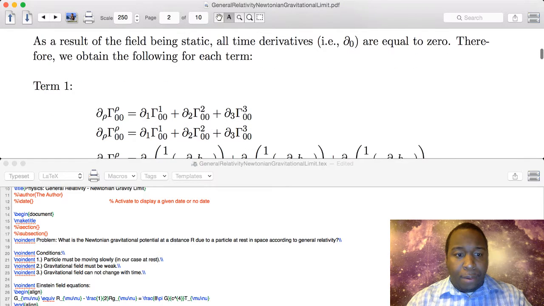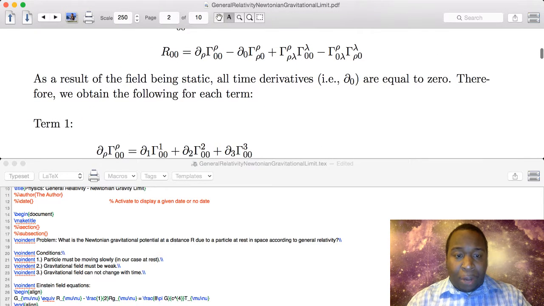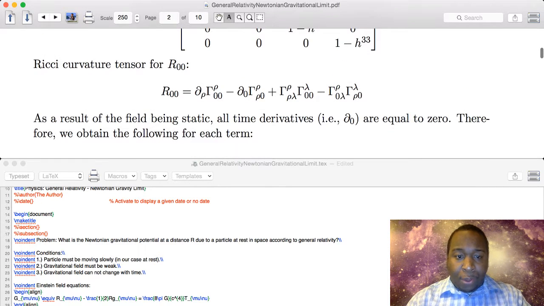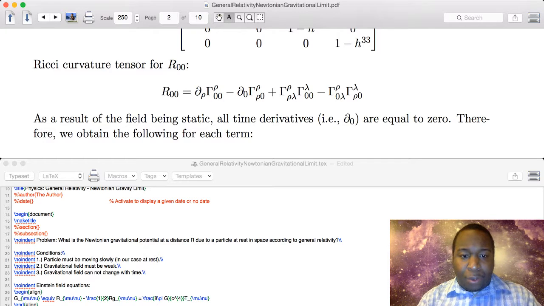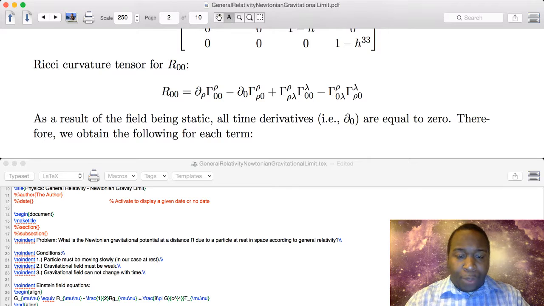So essentially we're going to break down every single term, right? Given this equation, starting on the right-hand side with the first term, that is the partial derivative with respect to rho of gamma superscript rho sub 0, 0.